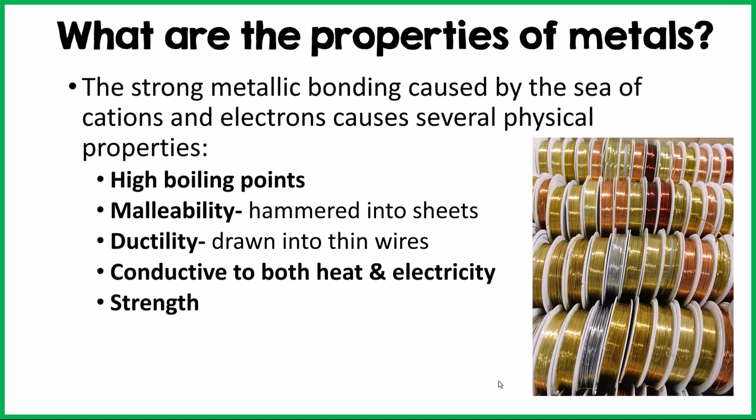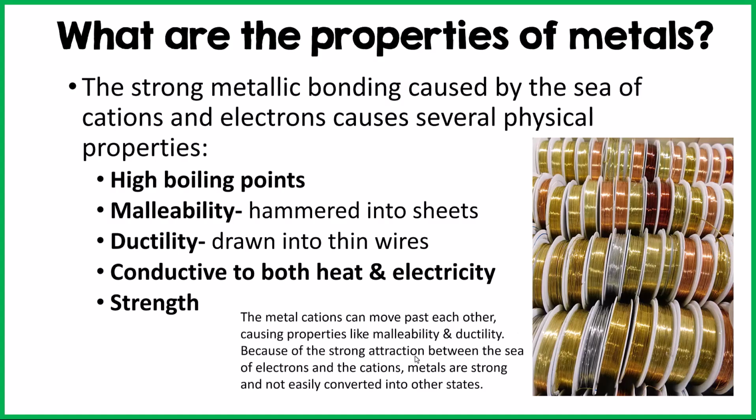And they are also quite strong because they are so closely packed together into the lattice structure. The metal cations can move past each other, causing properties like malleability and ductility. Because of the strong attraction between the sea of electrons and the cations, metals are strong and they're not easily converted into other states, so that contributes to their high boiling point.